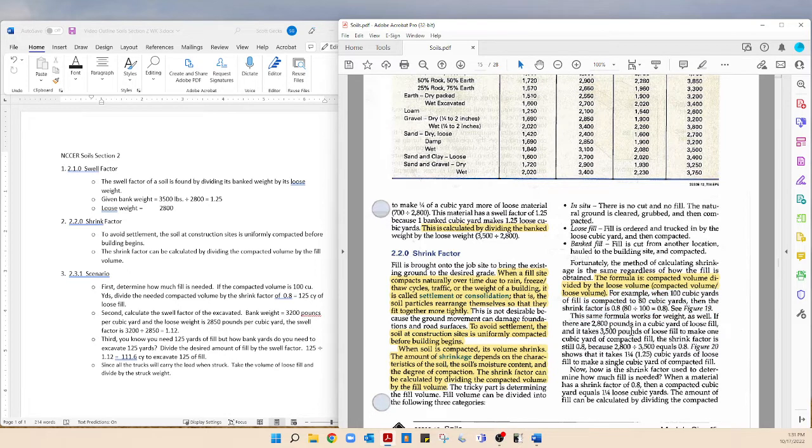So if there are 2,800 pounds in a cubic yard of loose fill, it takes 3,500 pounds of loose fill to make 1 cubic yard of compacted fill. The shrink factor is still 0.8 because 2,800 divided by 3,500, that's weight now, equals 0.8.